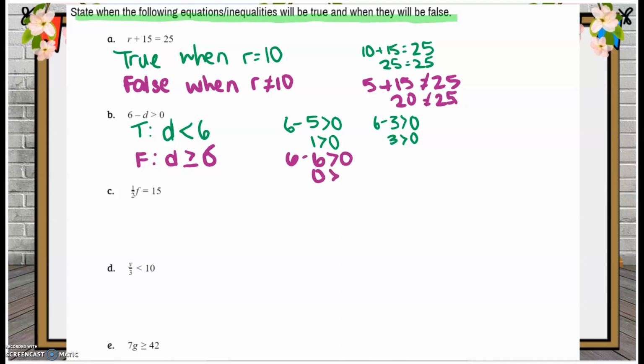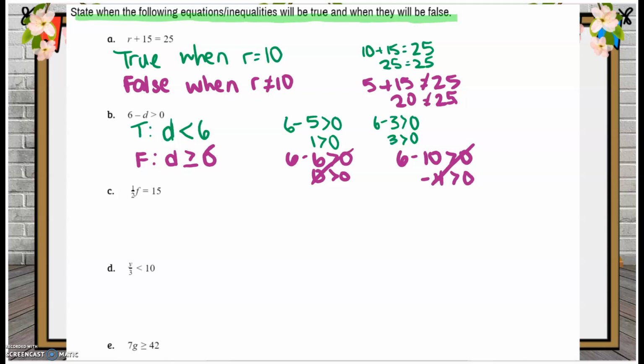Well, 0 is not greater than 0, so that one is false. What's another number that's greater than or equal to 6? Let's say 10. So 6 minus 10, is that greater than 0? Well, 6 minus 10 is negative 4. Is negative 4 greater than 0? No. So anything that's greater than or equal to 6 would give me a false statement.